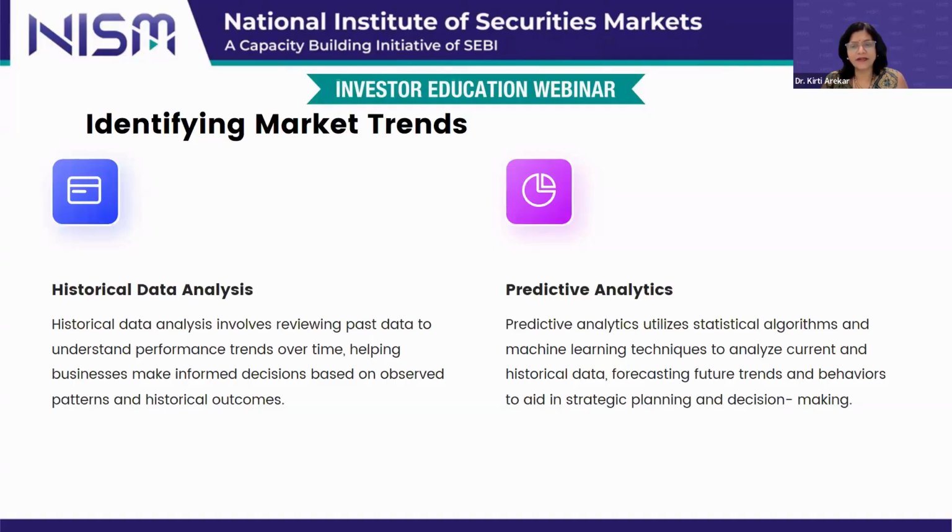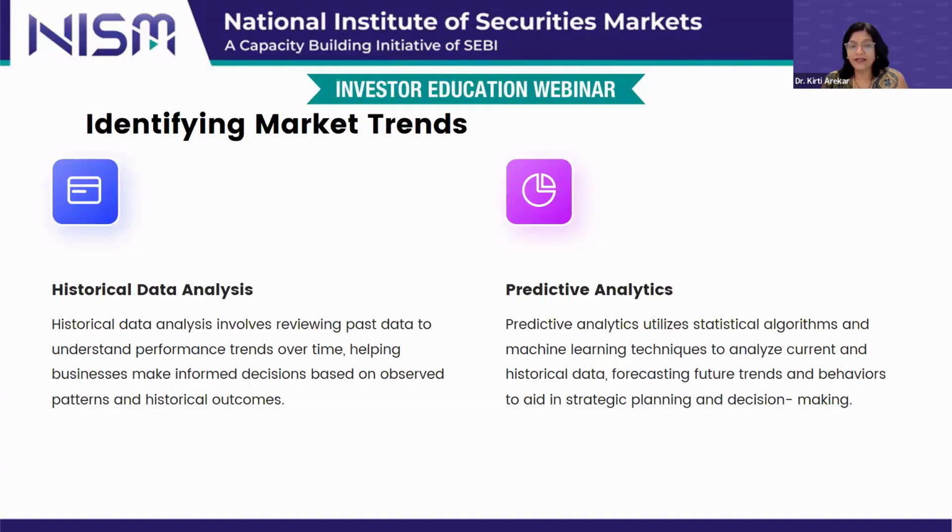Predictive analytics utilizes statistical algorithms and machine learning tools to forecast the future trend by taking the historical data. So here we take the historical data and past trends, and we can predict future behavior and plan future strategy, and we will make a decision.